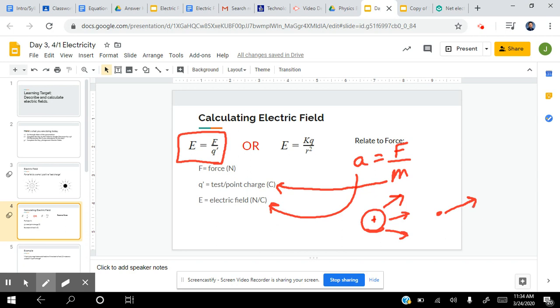Just like we said before, positives are going to repel those positive test charges. And the amount of newtons per coulomb, or the electric field, is the magnitude that it is being pushed away with. The higher that number is, you can relate it to acceleration, thinking, the faster it's moving away. Okay, if that kind of makes sense. All right, so just to kind of relate that a little bit to our force equations from the first half.